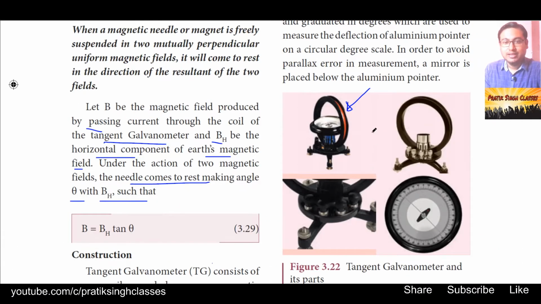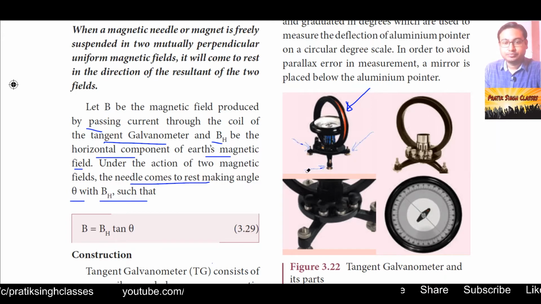As you can see here, we have three leveling screws, 1, 2 and 3. It is made in such a way that we can adjust the height of this tangent galvanometer so that it will come exactly in the horizontal component of Earth's magnetic field.